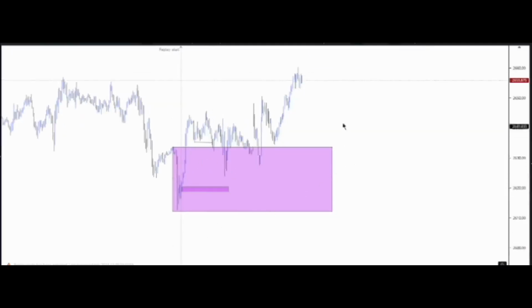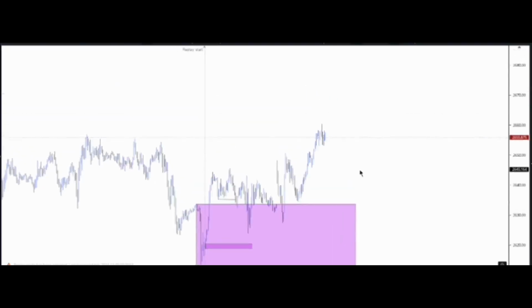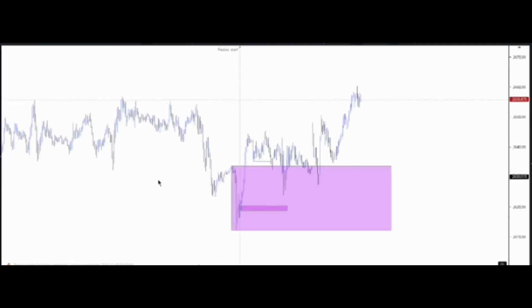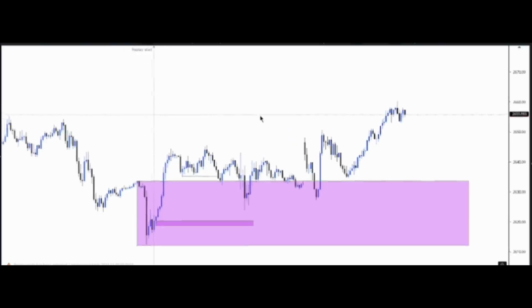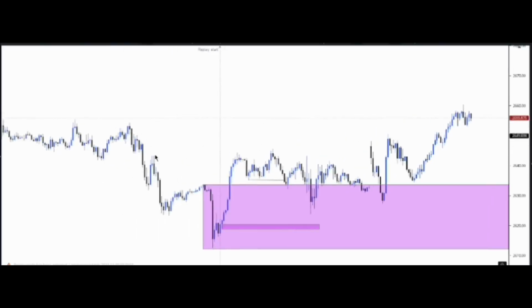So price is going in our direction, and where would be our target if we take it from this 15-minute zone? Well, the first target would have been this one here. As you can see, it would not have given us anything good, so we wouldn't have taken this first target.